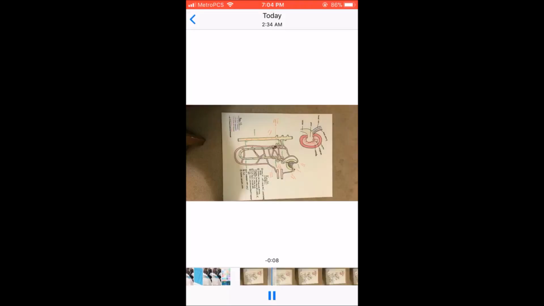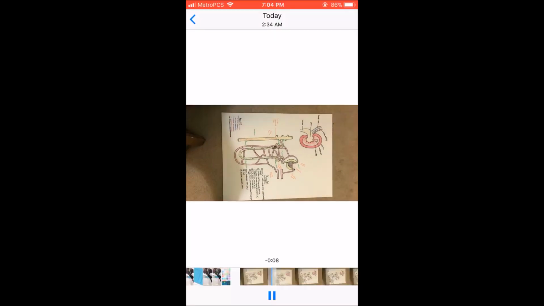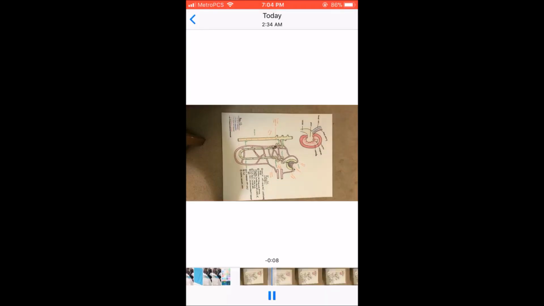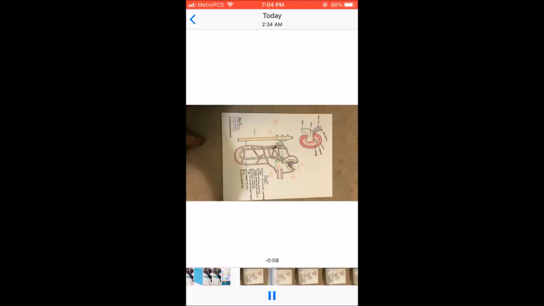In the distal convoluted tubule, which is next, it is made of mostly simple cuboidal cells, and basically in the distal, it's where the fine-tuning and the final touches or adjustments are made to this filtrate. About 5% of NaCl is reabsorbed, along with bicarbonate, water, calcium, and the things that are secreted are hydrogen and potassium.